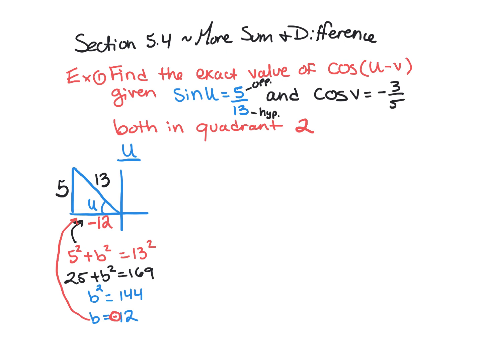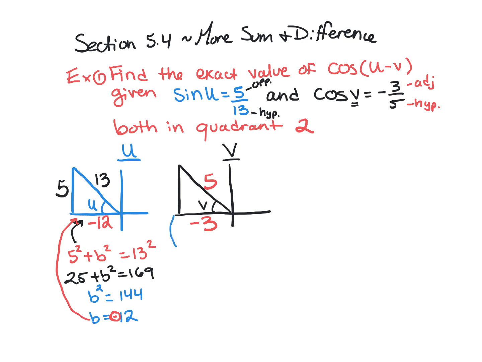And then we do the same thing for our angle v. We know it's in quadrant 2. Cosine is adjacent over hypotenuse. The hypotenuse is always positive, so this negative is going to go with our adjacent side here. So -3, 5 for the hypotenuse. To find our missing side, we use our Pythagorean theorem.